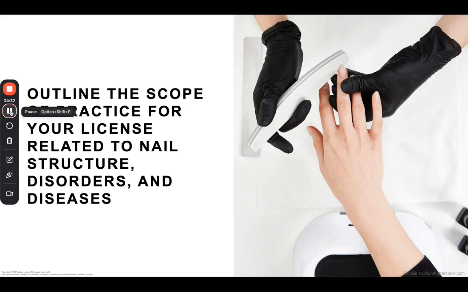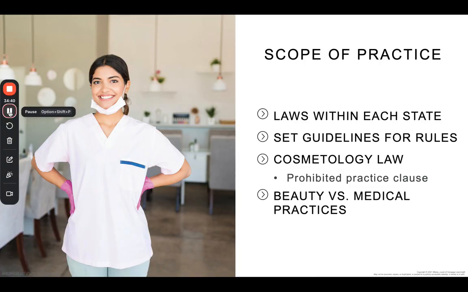Objective number 6: outline the scope of practice for your license related to nail structure, disorders, and diseases. Laws are set forth by the legislature and determine the scope of practice for each license offered within the state.